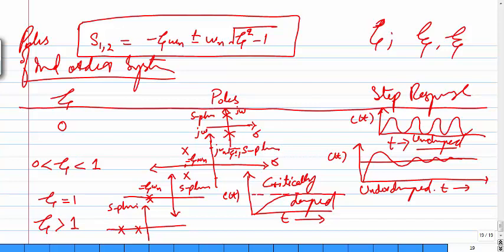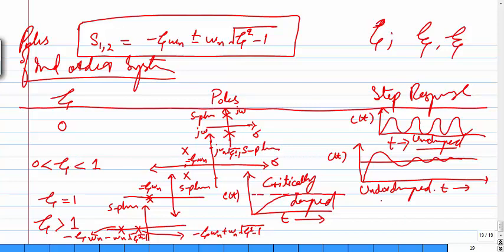They look like minus zeta omega n plus omega n under root zeta square minus 1, and similarly minus zeta omega n minus omega n under root zeta square minus 1.